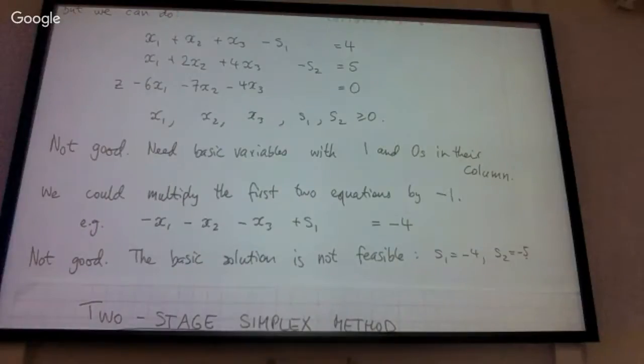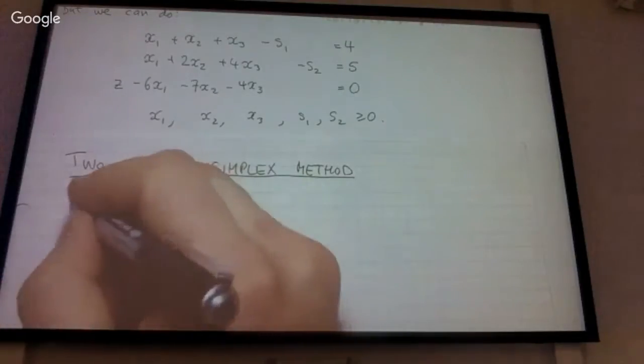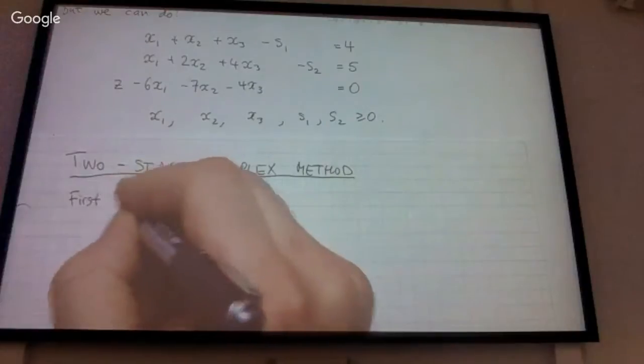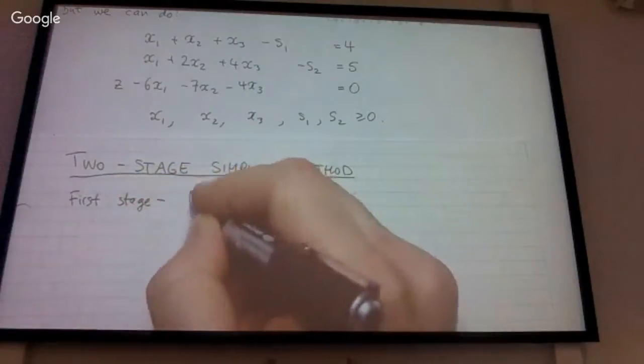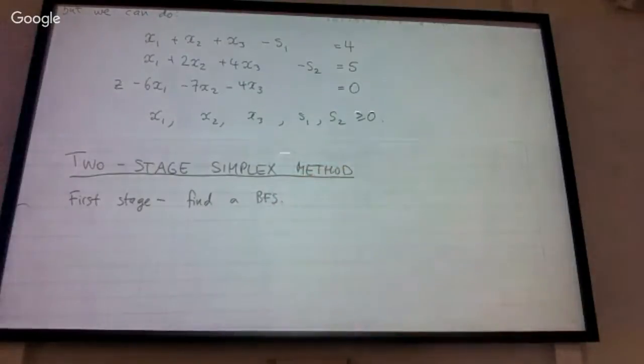The first stage, where we need to find a feasible solution, does it by looking at these and adding variables that are called artificial variables.